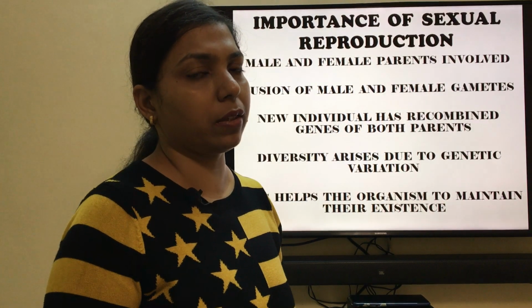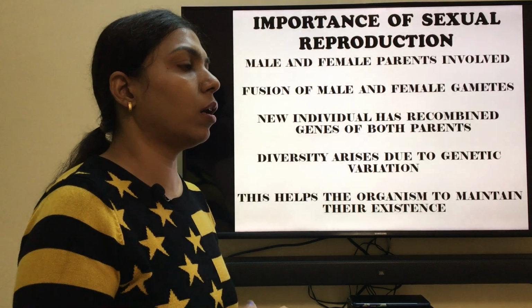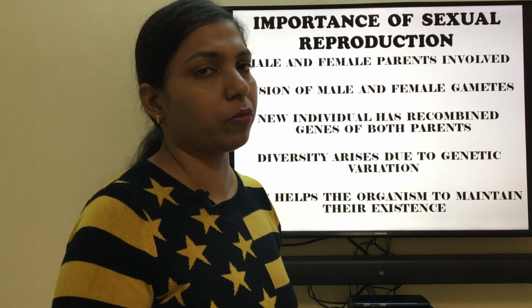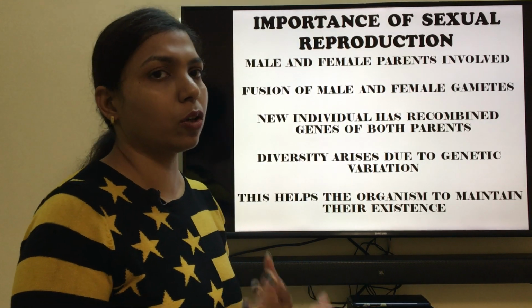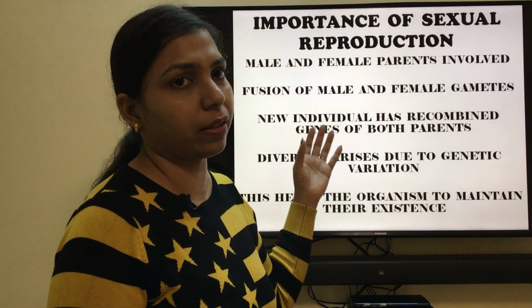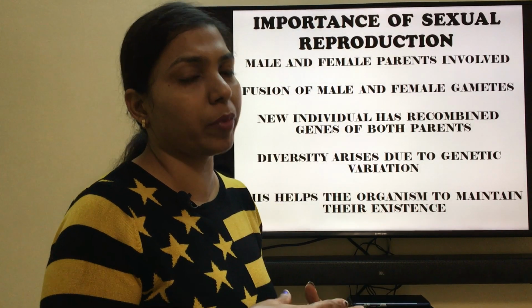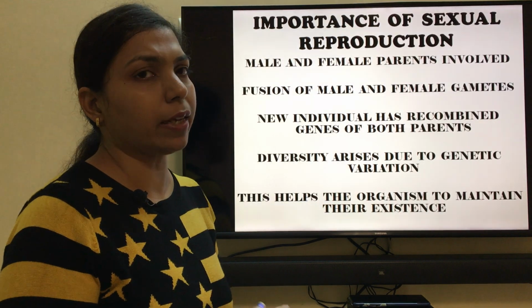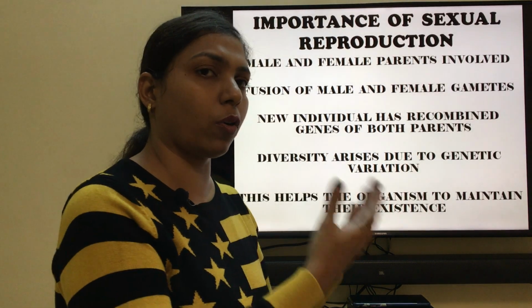The new offspring, the new individual which has formed, the new zygote, has chromosomes from both the male and the female parent. It is a recombination of genes, a recombination of chromosomes, received from the male and from the female parent.